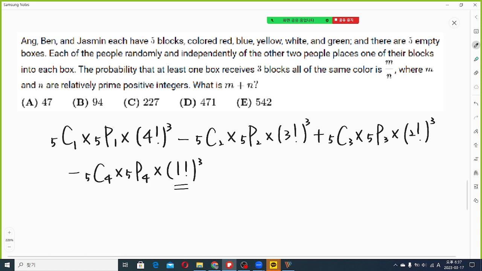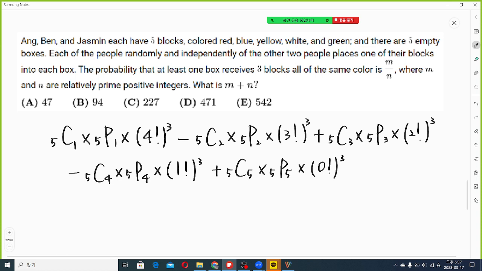Because that was over-subtracted, we need to add the case back. Now there are no more cases after all boxes contain the same color.